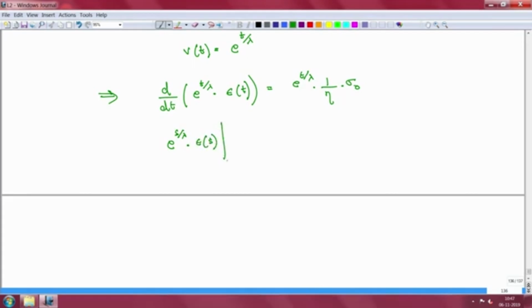This we have to consider between 0 plus and some time t, and on the other side we are just going to integrate this particular form, with another dummy variable here, into sigma naught ds.